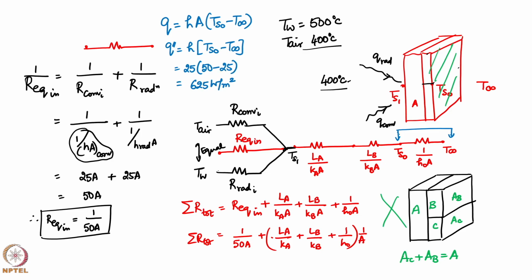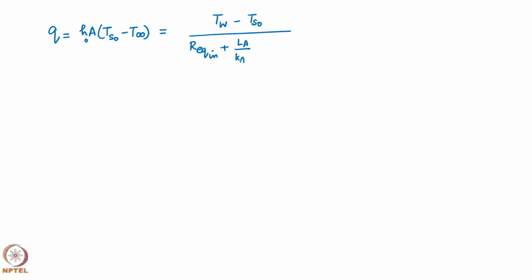So, this is a problem where this temperature is known. So, I do not have to go all the way till the end. I can just write Q double prime or Q is equal to h outside A into T S O minus T infinity, which is equal to T wall or T air minus T S O divided by R equivalent in plus L A by K A plus L B by K B. Why do I do that?